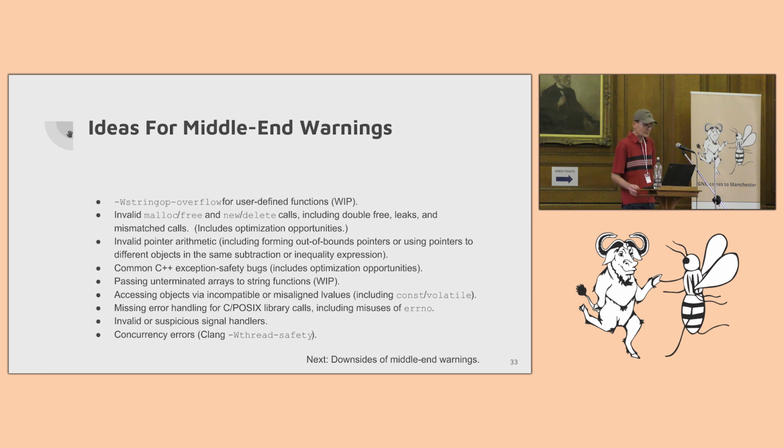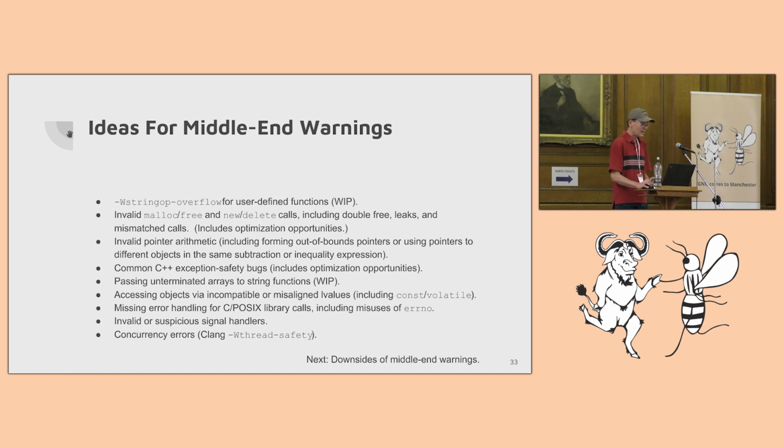Try to provide an extension to the string op overflow warning for user-defined functions to detect buffer overflows by user-defined functions, like a user-defined version of strcpy. It should be possible, and in fact, it's a work in progress of mine that I've been kind of forced to put on the back burner for a while, but it's a nice extension that users have asked for.